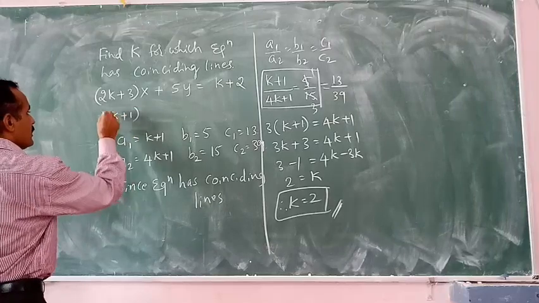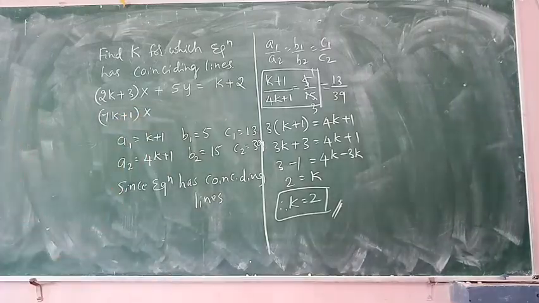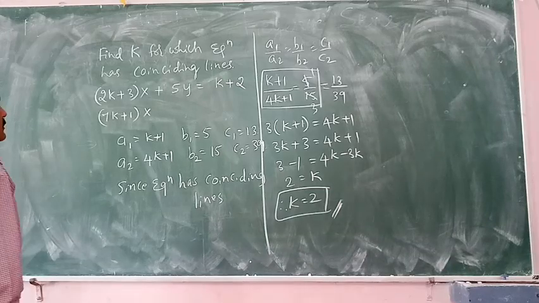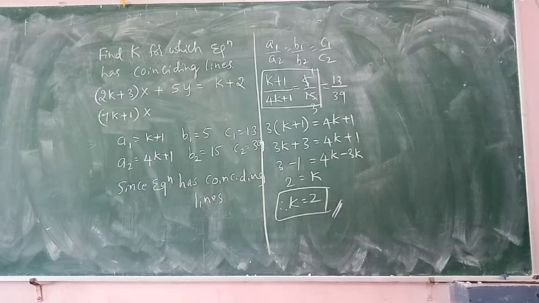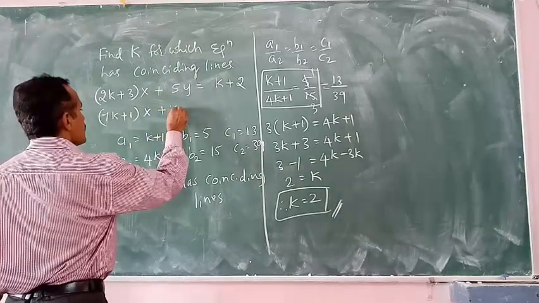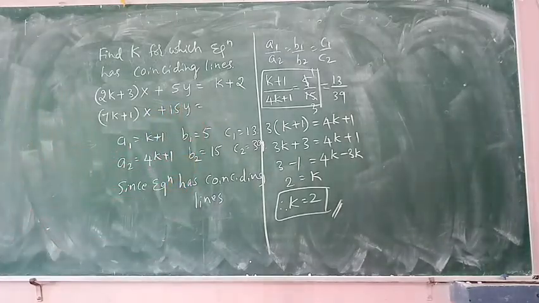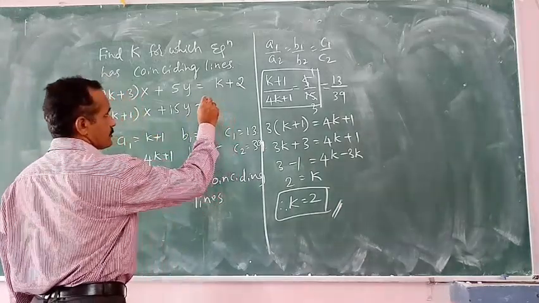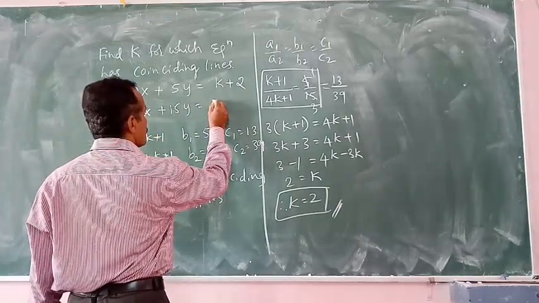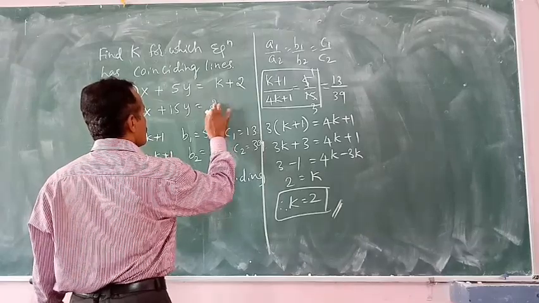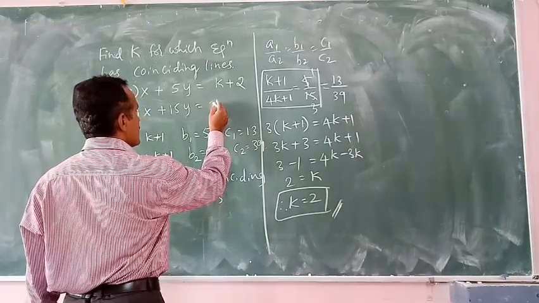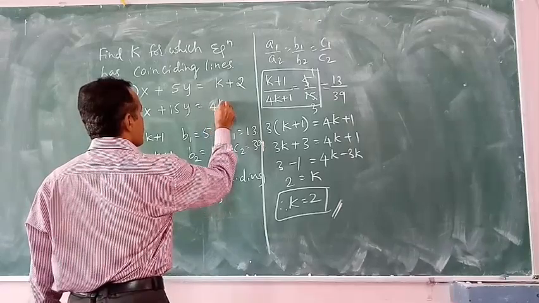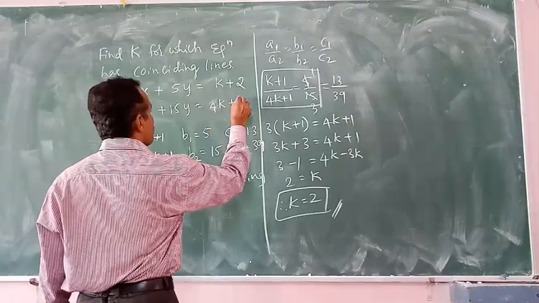And (7k plus 1) into x plus 15y is equal to, I can say, 4k plus 3.